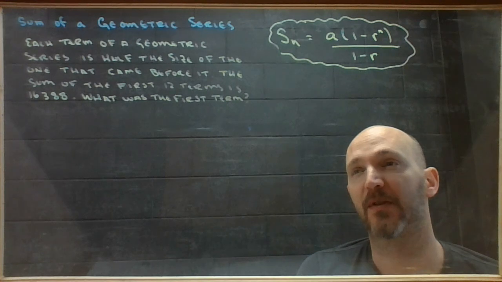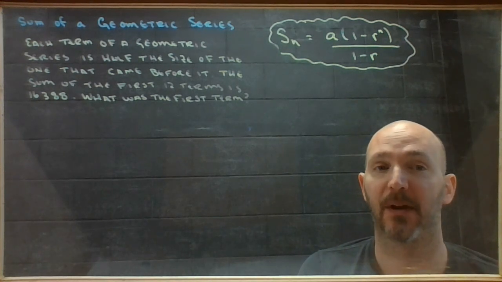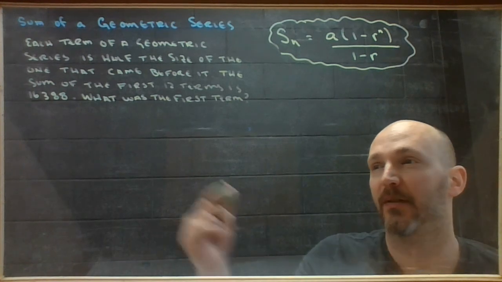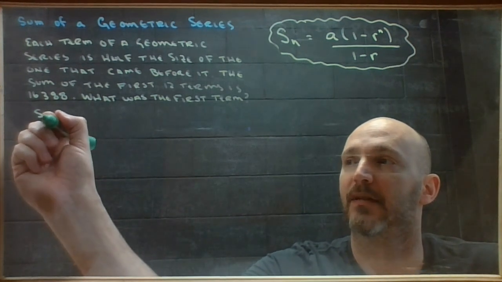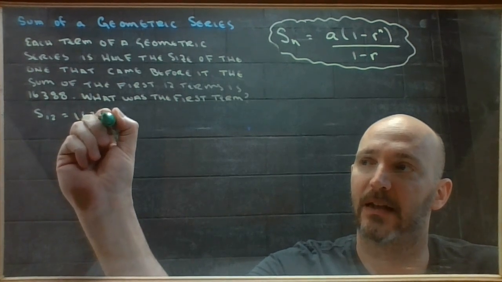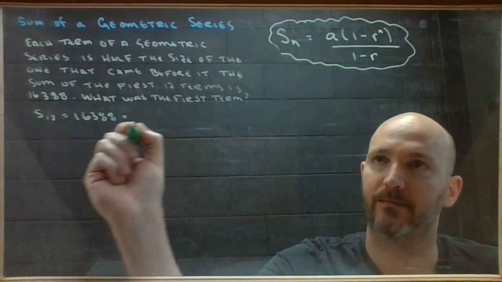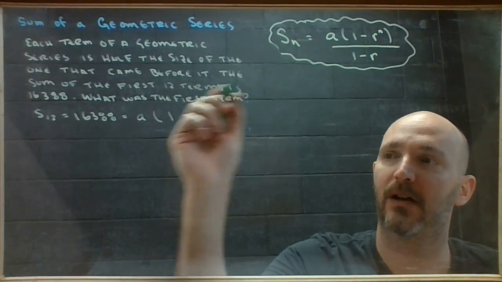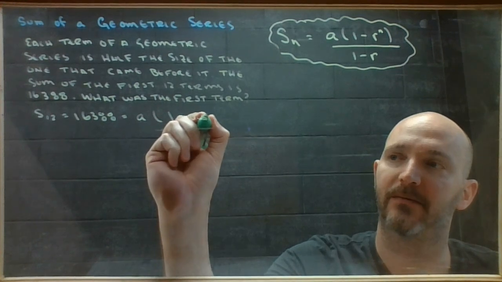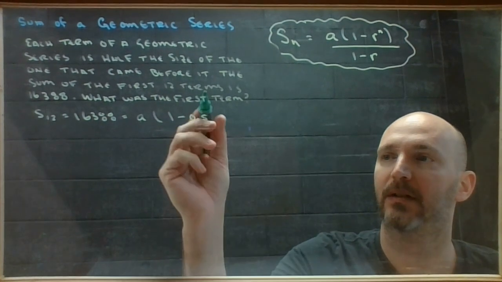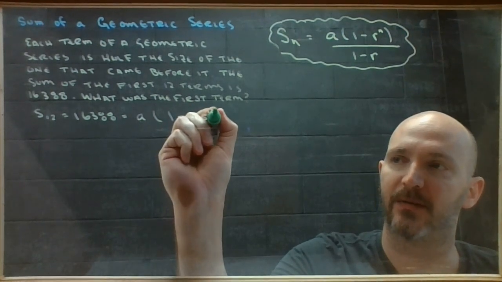The sum of the first 12 terms is 16,388. What was the first term? So I have the sum of the first 12 terms. That's 16,388. I don't know A, but I know that R is 0.5 because each term is half of the one that came before it. And I'm going to do that 12 times.